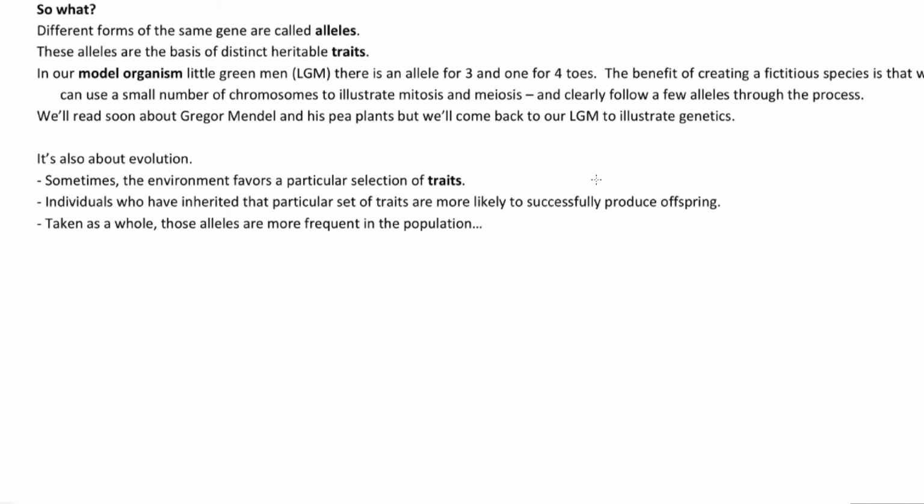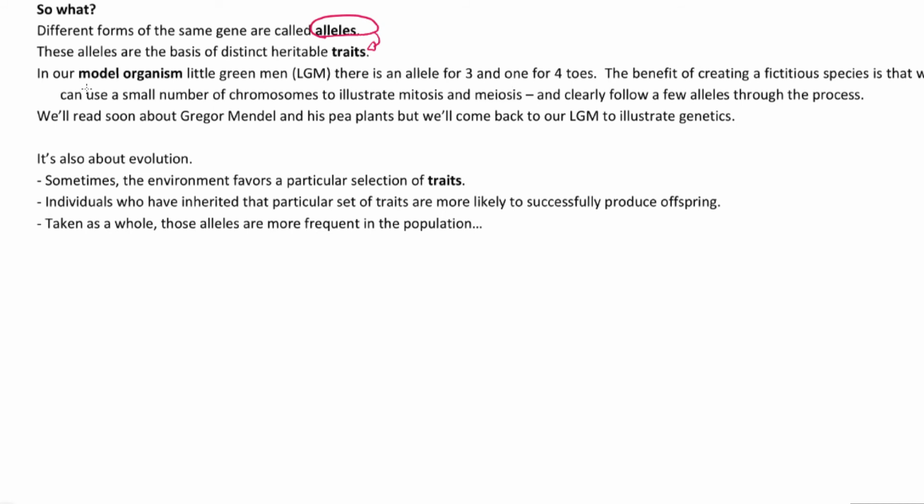Finally, so what? Why should we care? We now know that different forms of a particular gene are called alleles, and those genes encode traits: toes in the case of my little green men, things like the color of Gregor Mendel's pea pods we'll see, hair color, skin color, eye color.